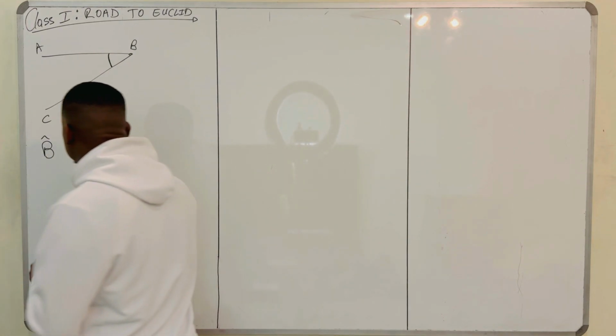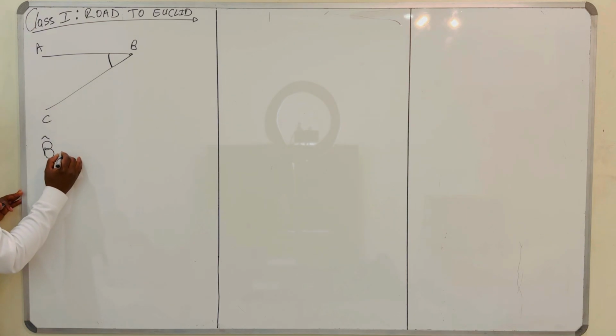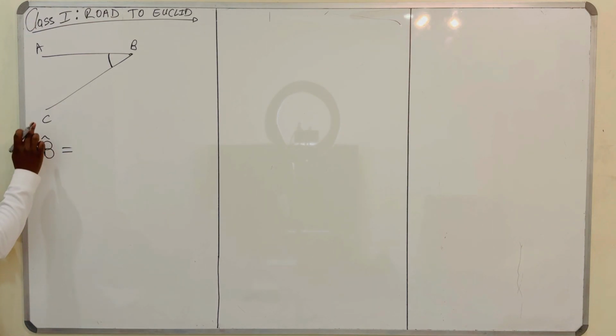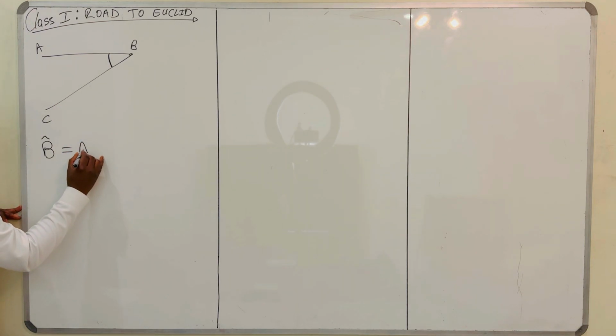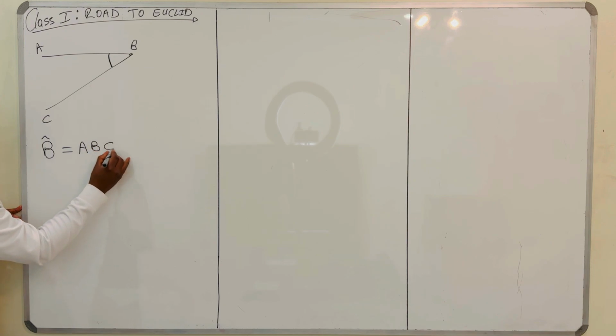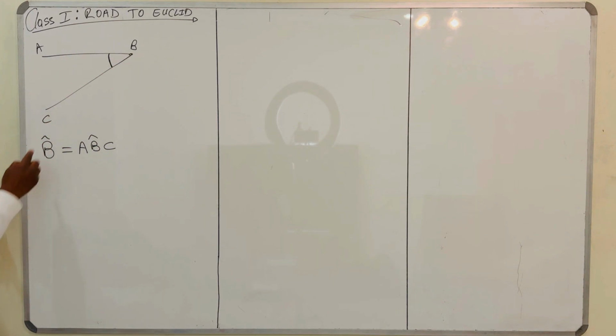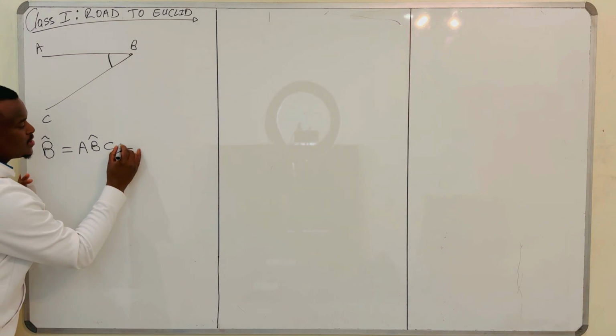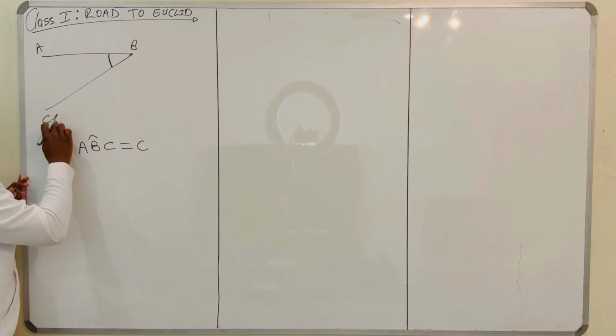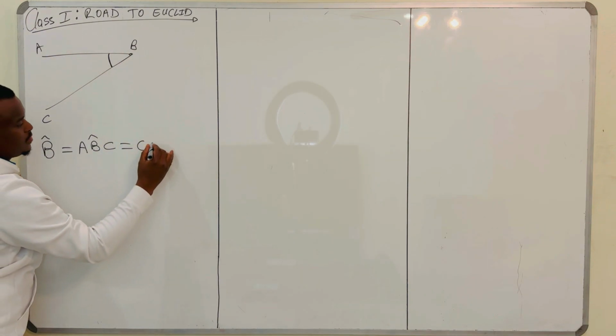You can say angle B is the same as ABC, with your caret there. It's named according to the line segments that form angle B, which is also the same as CBA.